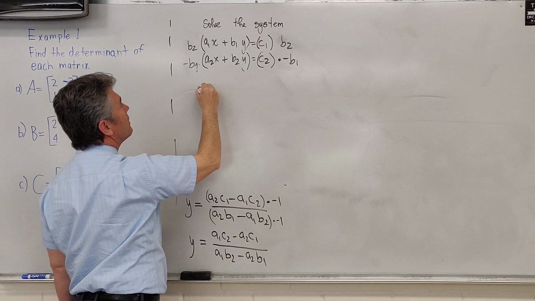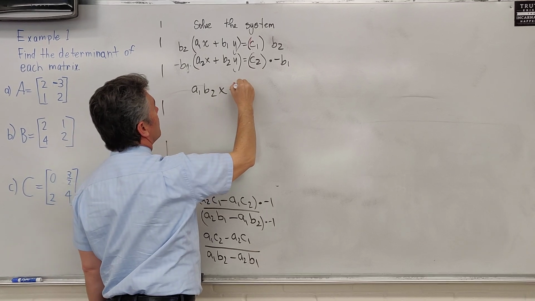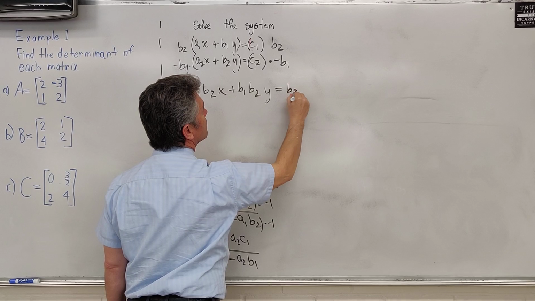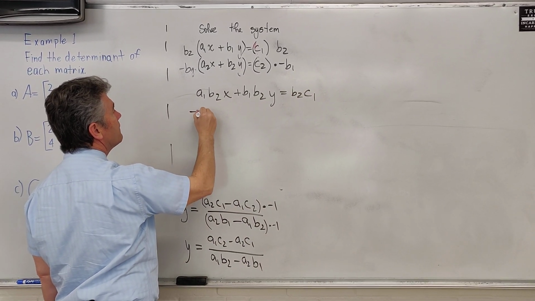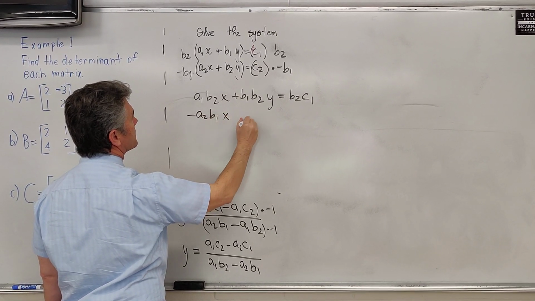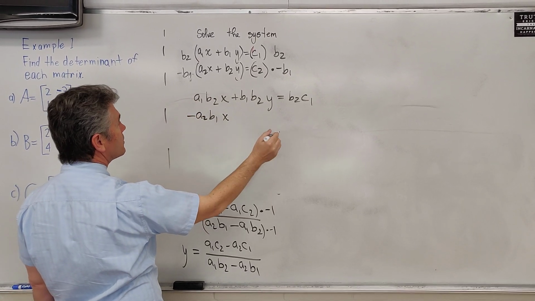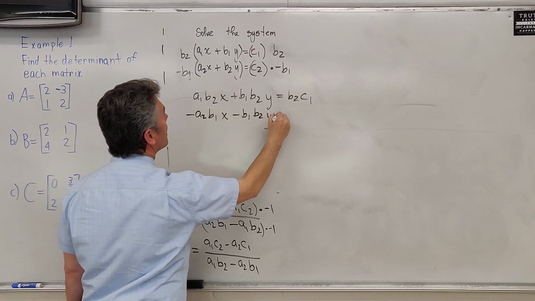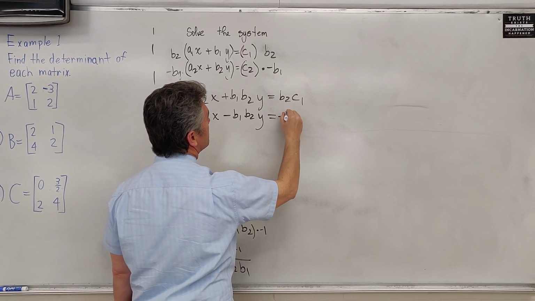The top equation becomes a sub 1 b sub 2 x plus b sub 1 b sub 2 y is equal to b sub 2 c sub 1. The bottom equation becomes negative a sub 2 b sub 1 x minus b sub 1 b sub 2 y is equal to negative b sub 1 c sub 2.